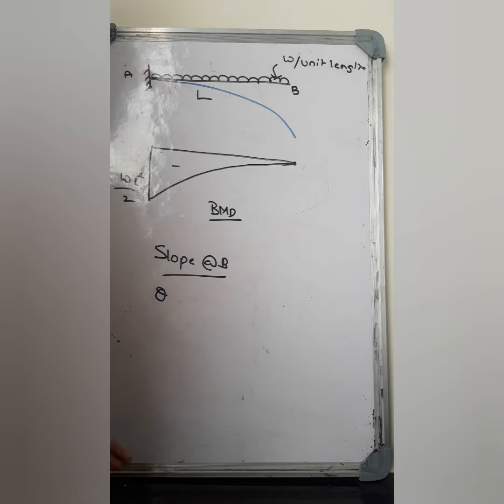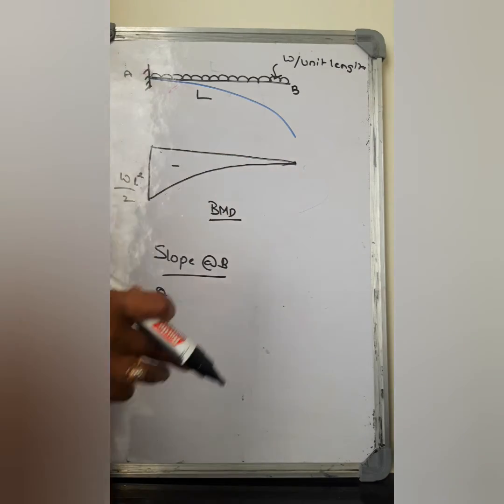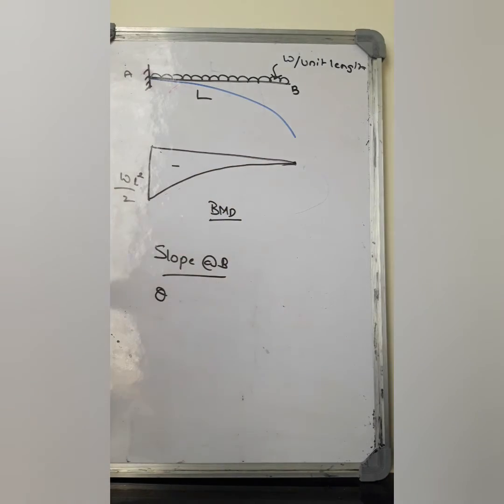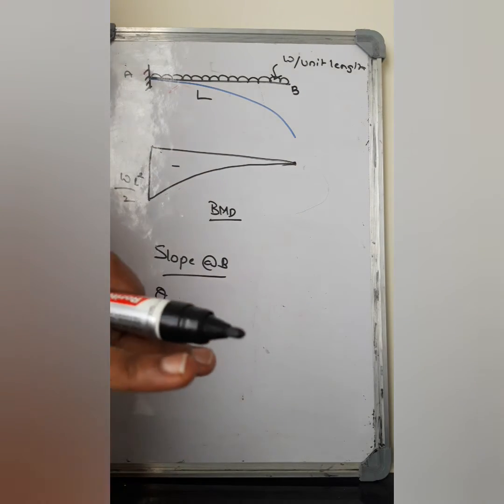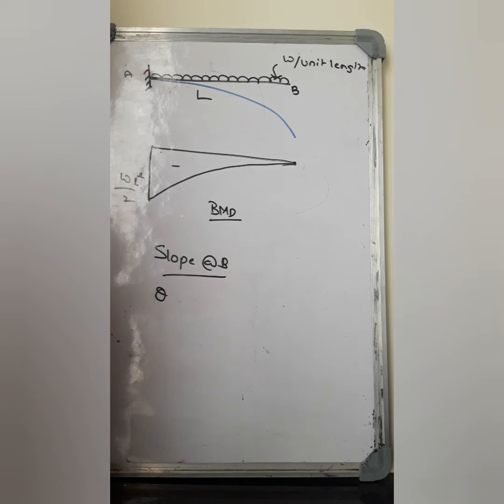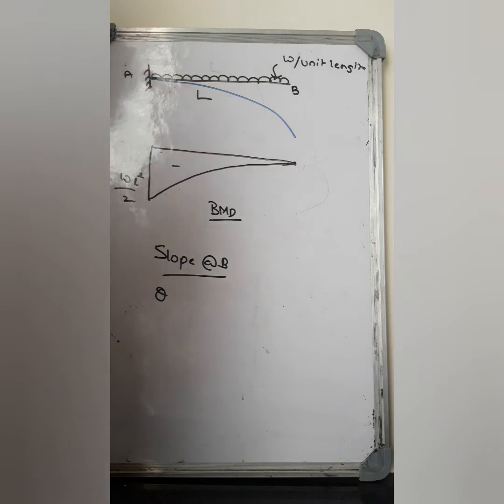So now, if you want to calculate theta B, I am going to calculate theta B minus theta A, because always remember what theorem 1 says: the slope between the two points, if you want to calculate it, you consider the area of the M by EI diagram between them.